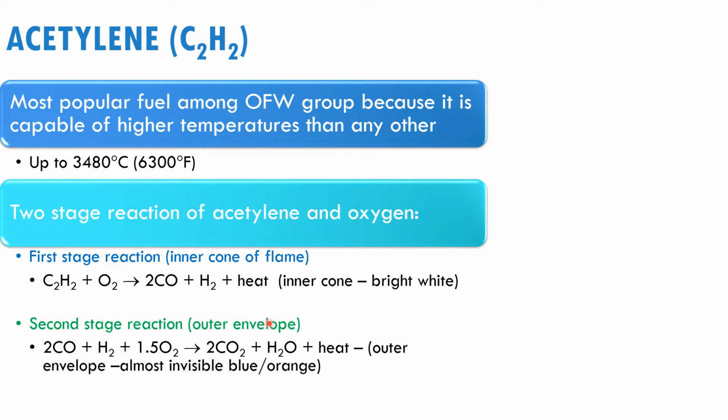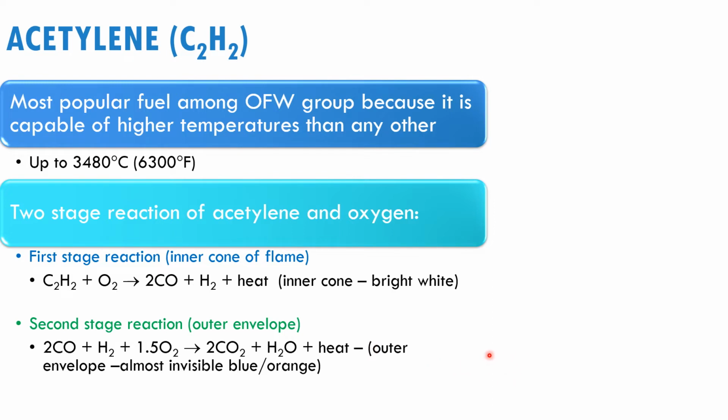The second stage of reaction is in the outer envelope, where the carbon monoxide and the H2 will react with additional oxygen. Then it will create carbon dioxide and also water, H2O, in the form of steam, and heat.